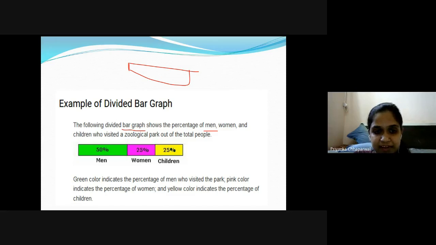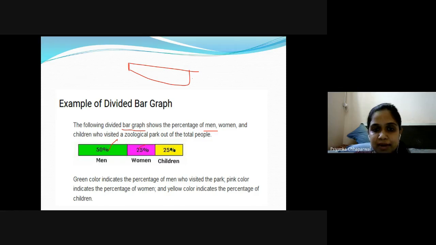So here we arrange 50% men visited the zoological park, and 25% women and 25% children. Green color indicates the percentage of men who visited the park, pink color indicates the percentage of women, and yellow color indicates the percentage of children.